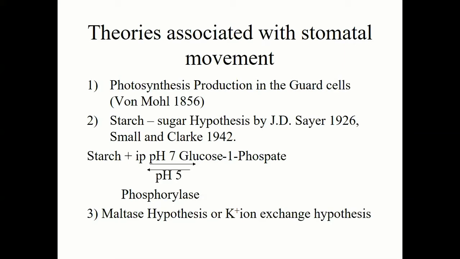During the day, this starch is converted into glucose 6 phosphate with the use of inorganic phosphate. When the starch is converted into glucose 1 phosphate, there is an increase in the pH of the guard cell, and due to the increase in pH, the guard cell becomes turgid with increased concentration. So there is entry of water inside the guard cell and the guard cell becomes open.